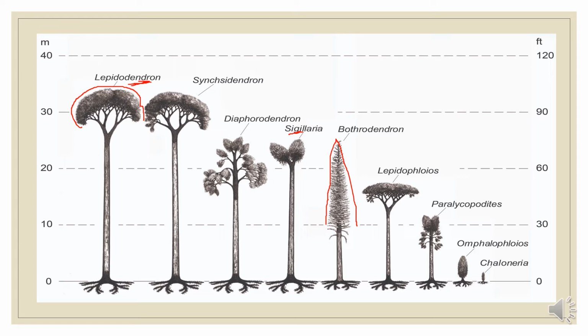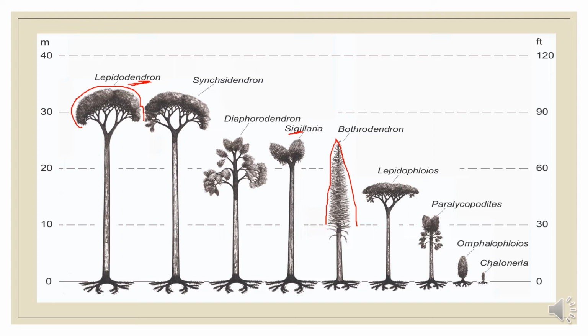The leaves were either spirally arranged, or arranged in a whorl at the nodal region, or arranged decussately. But whatever be their leaf arrangement, they had a protostelic vascular bundle, and they had heterosporous strobili at the terminal portion of their branches.